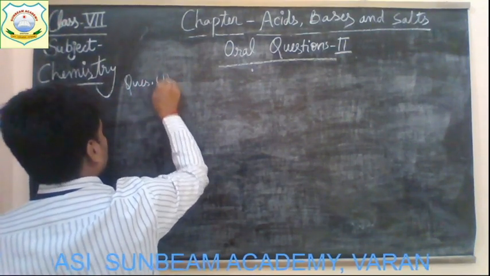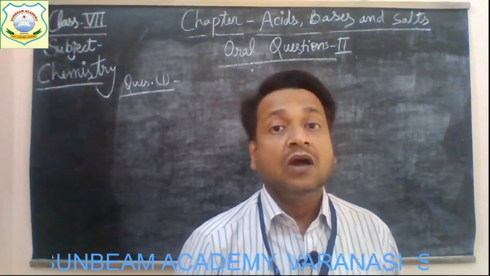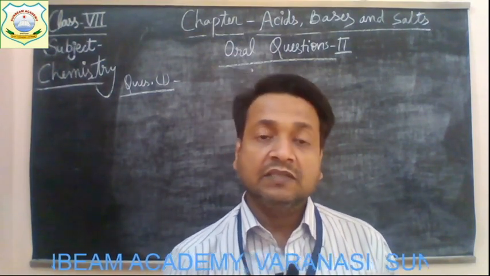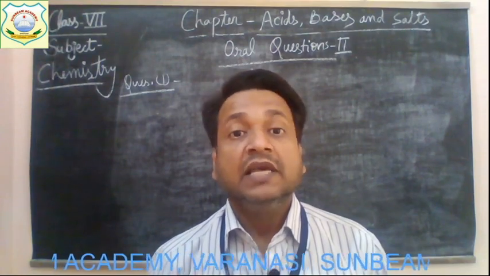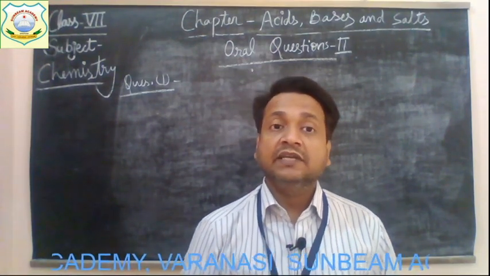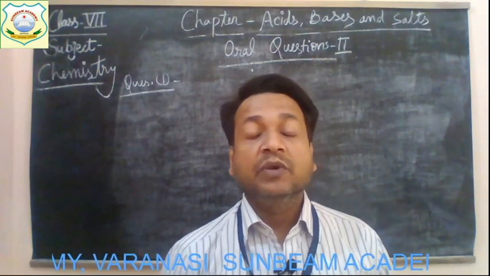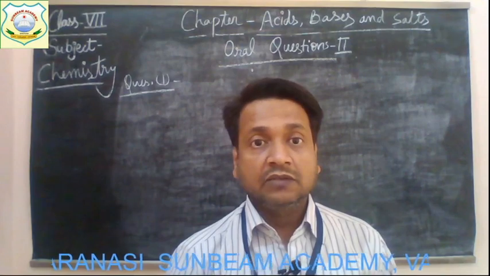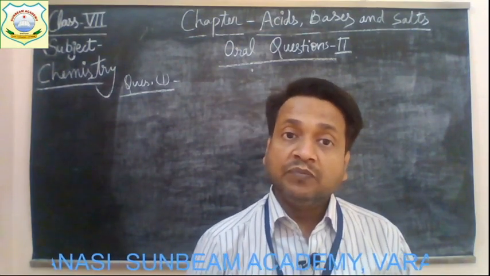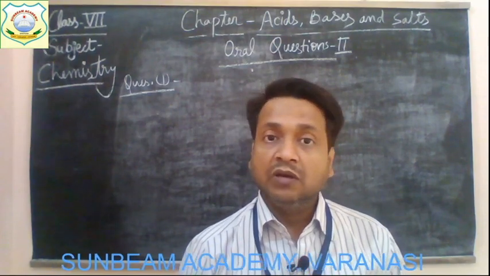And the question number 1 is, all alkalis are bases, but all bases are not alkalis. Why? Children, we have already discussed that all the alkalis are bases because they are water soluble. So we can say that some of the bases are soluble in water and some bases are not soluble in water.